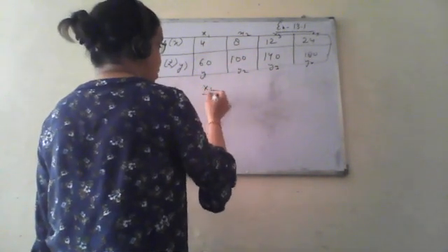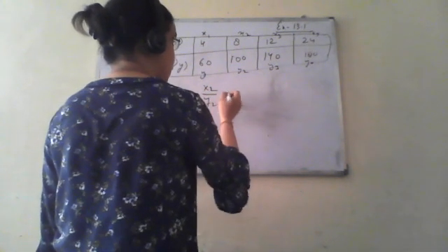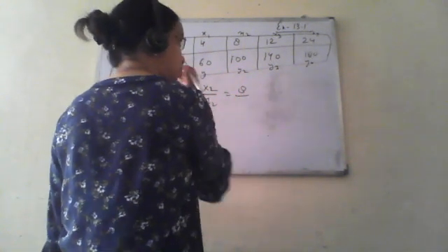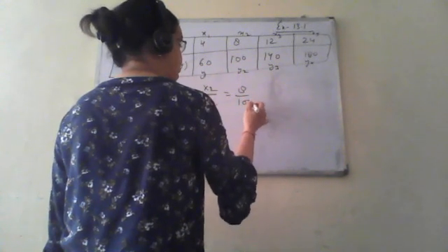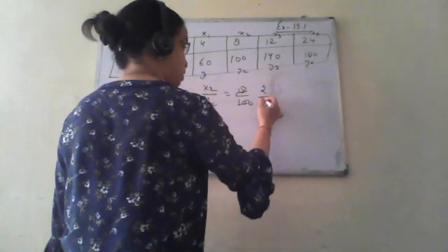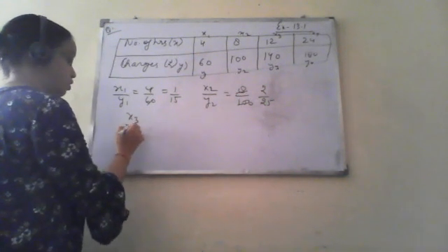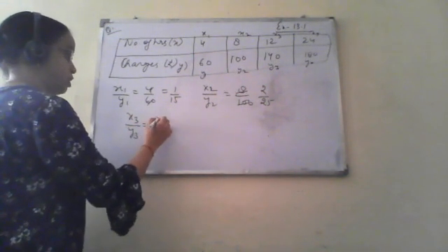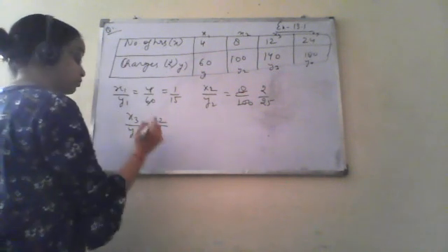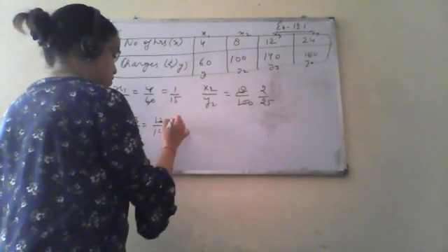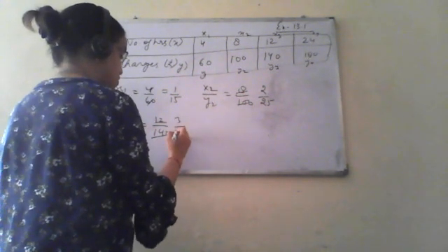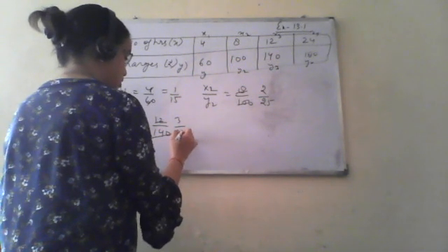Now x2 upon y2, it is 8 upon 100. This is 4 twos are and 25 fours are. This is 2 upon 25. Now x3 upon y3, it is 12 upon 140. This is 3 upon 35.